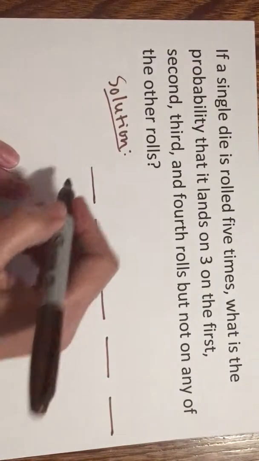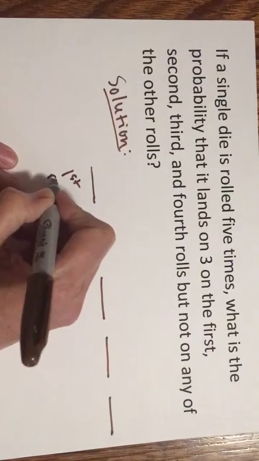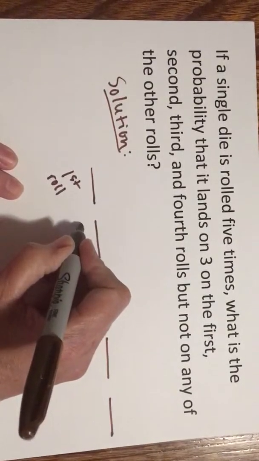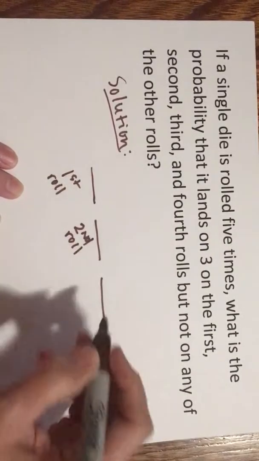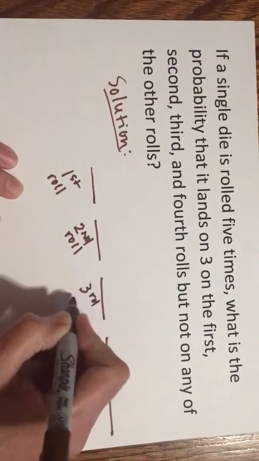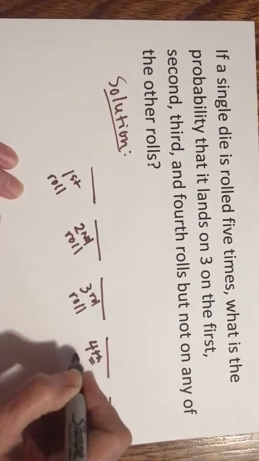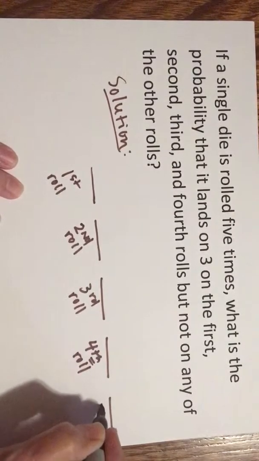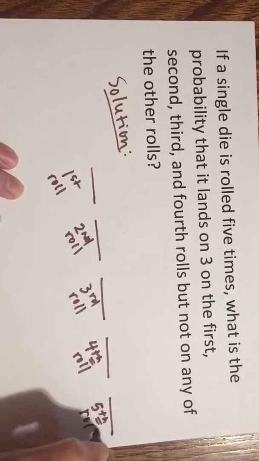Under each blank, I'm going to put what that blank is. This is the first roll. This second blank is the second roll. The third blank is the third roll. The fourth blank is the fourth roll. And the fifth blank is the fifth roll of the die.